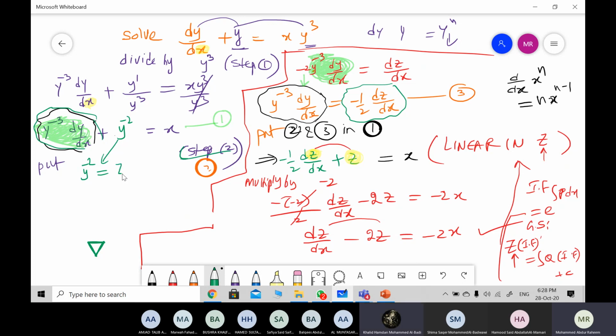Always replace this with z and differentiate both sides with respect to x. You have to do n x power n minus 1 dy over dx. It must be dy over dx, not the same, and not this derivative dz over dx. You understand? Okay.